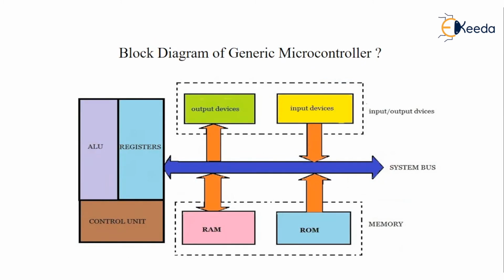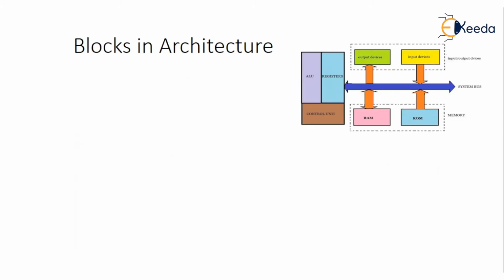We'll see the block diagram of a generic microcontroller. What blocks are available? If you choose any kind of microcontroller, it comes with these basic blocks: ALU, registers, control unit, input and output devices, internal bus, RAM and ROM, which together we call memory. ALU stands for arithmetic logic unit.